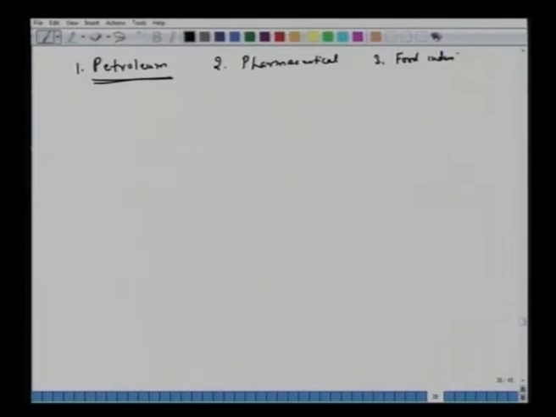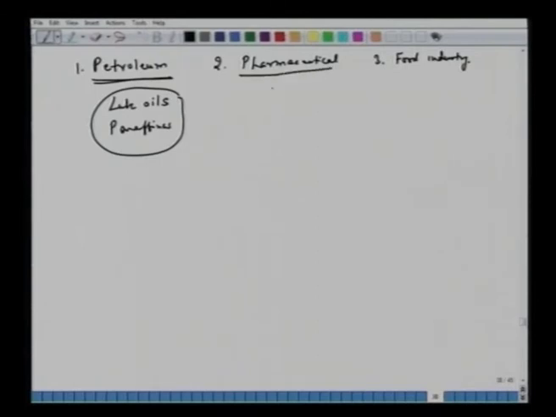So these are some of the examples you will find for petroleum. Of course, as we said, you have very extensive use of extractions in separating a number of components from lube oil, paraffins, waxes, etc.